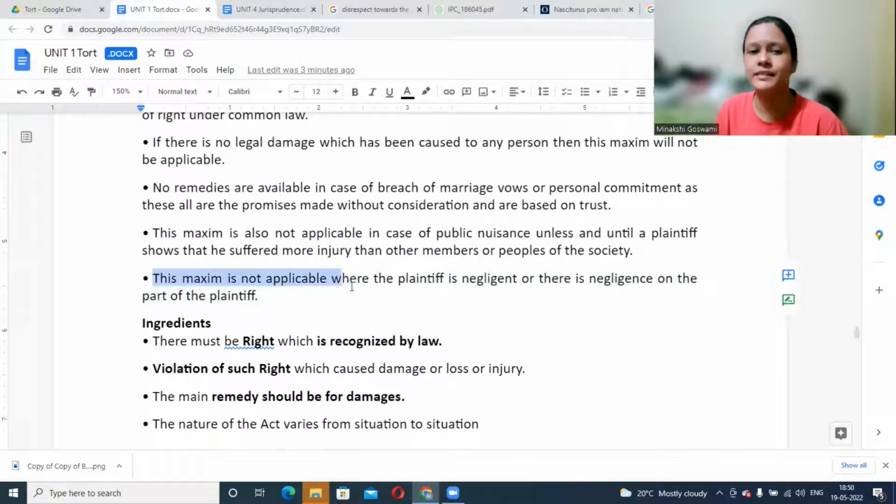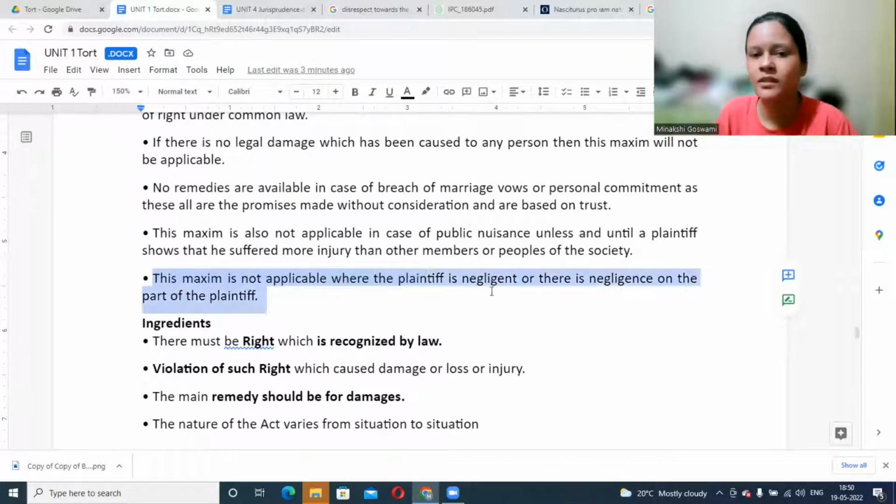This maxim is not applicable where the plaintiff is negligent, or there is negligence on the part of the plaintiff. You have suffered loss, agreed. The other person has done something wrong, agreed. But you also might have contributed, or maybe you were the only one doing wrong. Say you only entered somebody else's property without their permission.